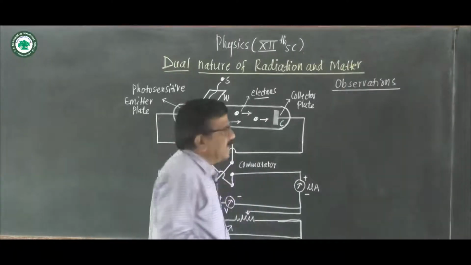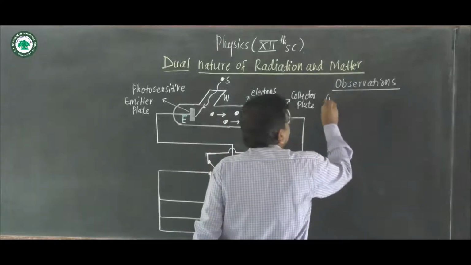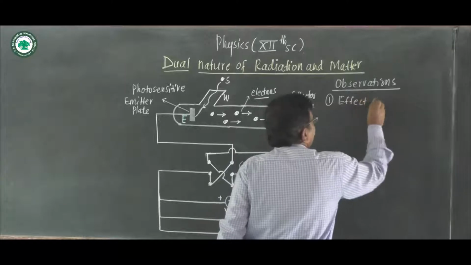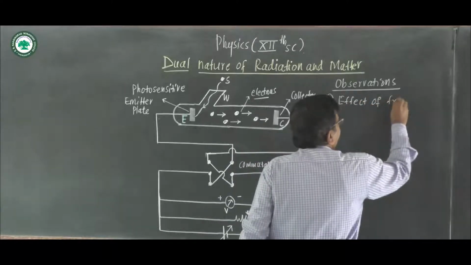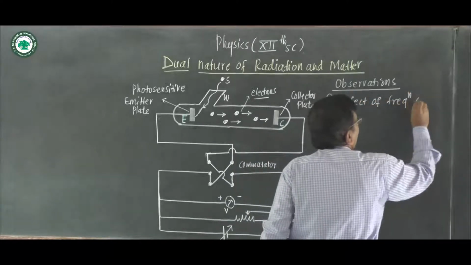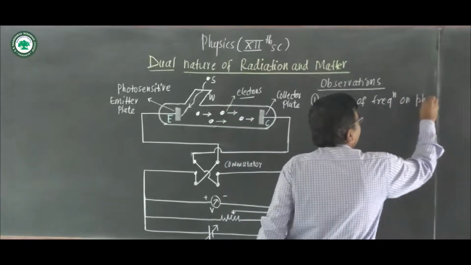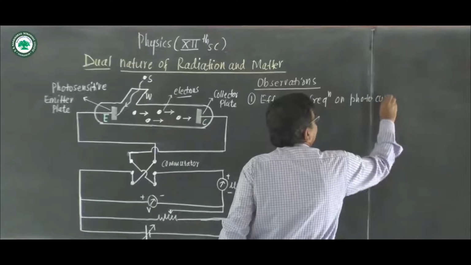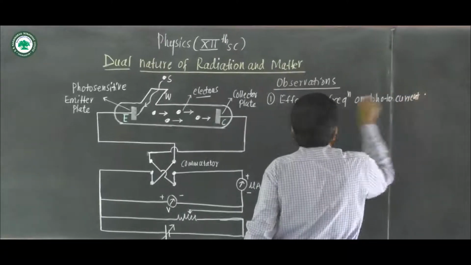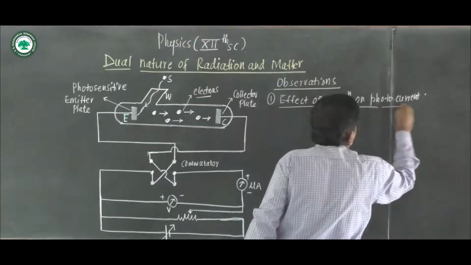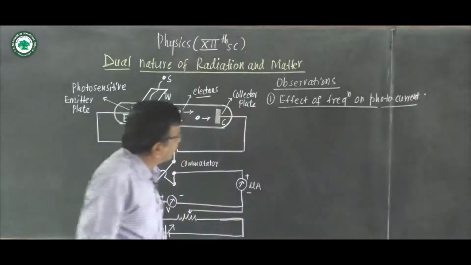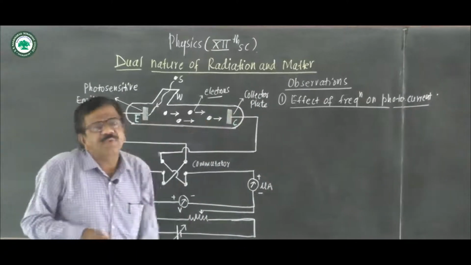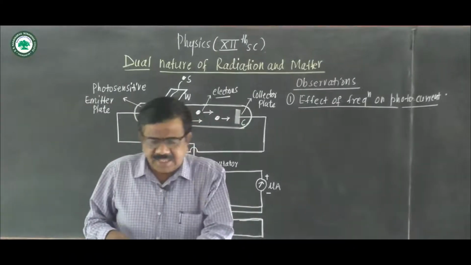First is the effect of frequency of incident radiation on photocurrent, also called photoelectric current. We have to study the different effects. First is the effect of frequency on photoelectric current.